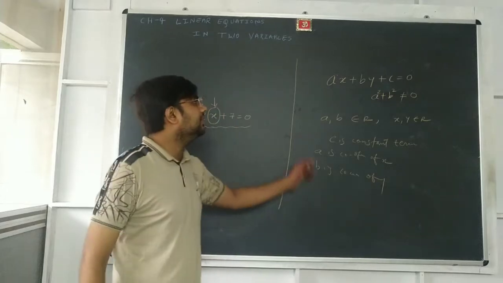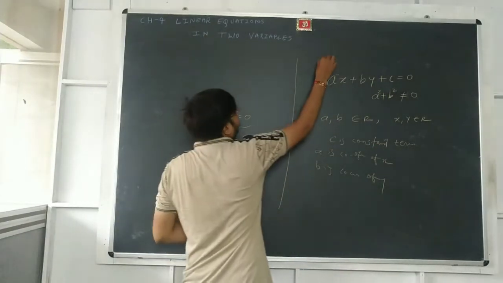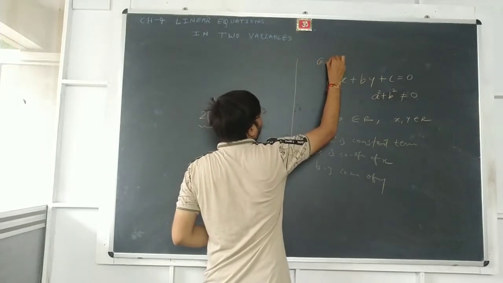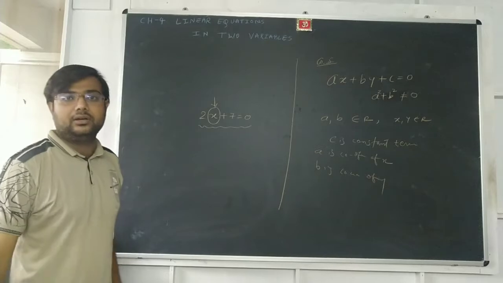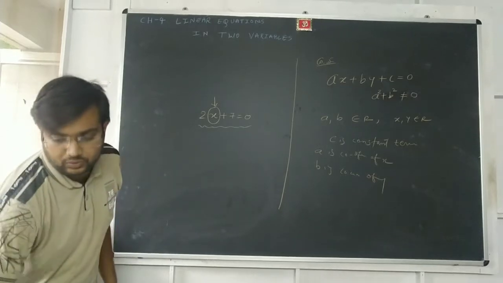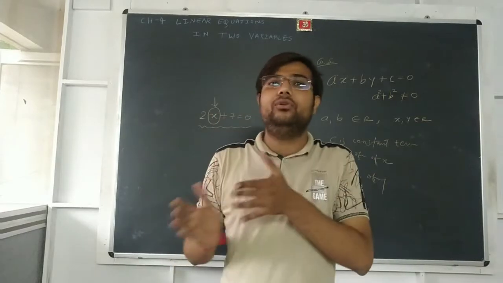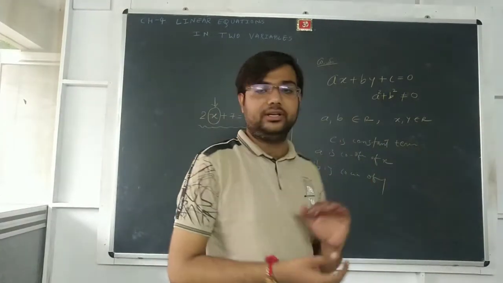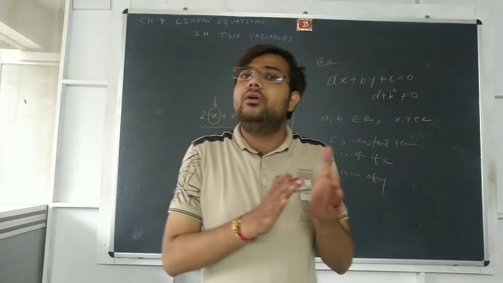Ready? This is the general equation of the linear equation in two variables, the general form. Now we will do some examples related to this equation. So first of all we start with example 1.